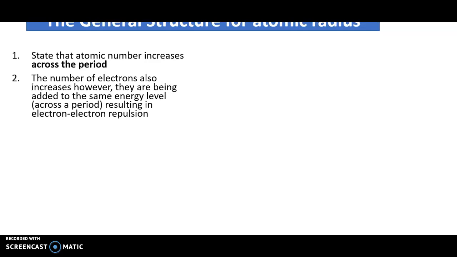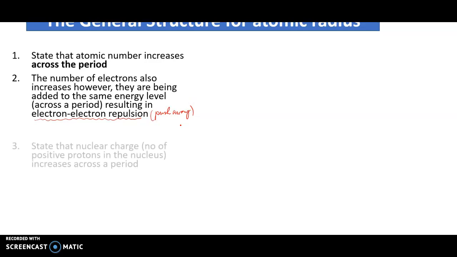However, as the number of electrons increases in the same period, the extra electrons are being added into the same energy level. And as a result of adding them into the same energy level, the electrons will experience electron repulsion. Repulsion just means they push away.